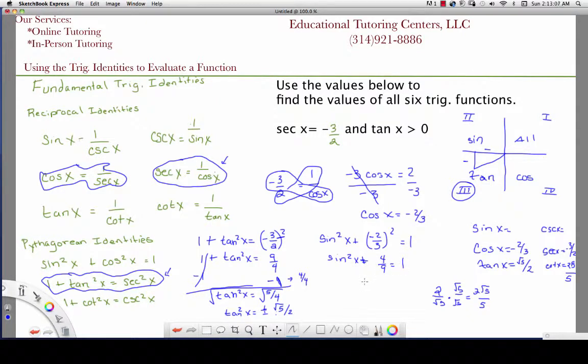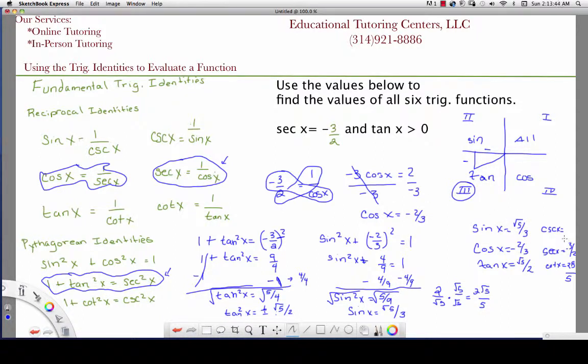And then I'm going to subtract 4/9 on both sides. And so sine squared x is equal to 1, which is equivalent to 9 over 9, minus 4/9, which leaves 5/9. And then when I take the square root of both sides to get sine x, I get square root of 5 over 3 for my sine value.